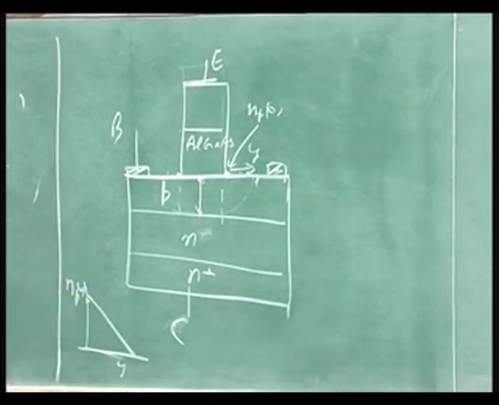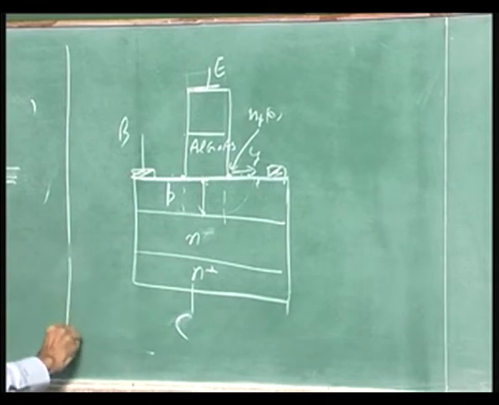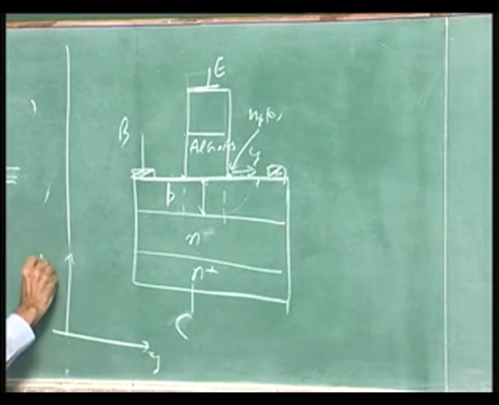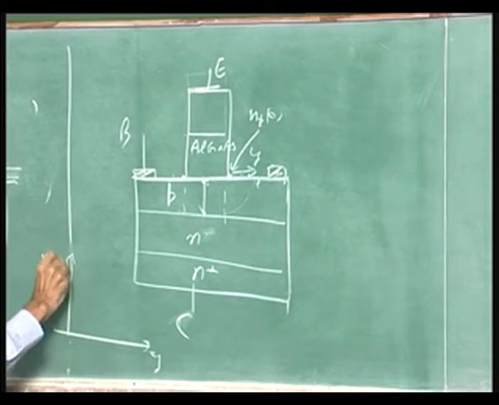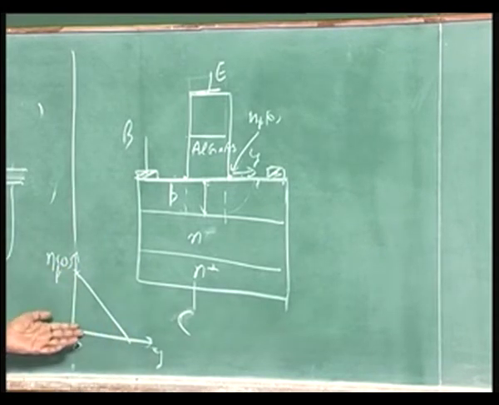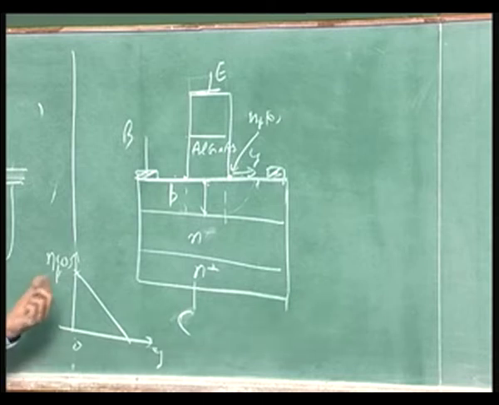NP0 at the edge, let us redraw it properly. NP0 at the edge, y equals 0. So, the average of that is NP0 by 2. So, what we are telling is the recombination takes place over a width equal to WB from the emitter, and the average value is NP0 by 2.